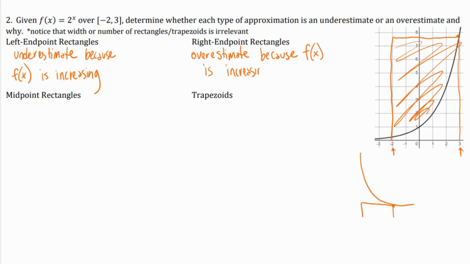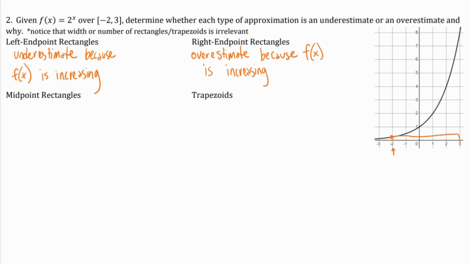Because f of x has a positive slope, a right endpoint rectangle is going to end up above it, whereas a left endpoint rectangle would end up far below it. It might be close, but in this situation it's clearly an underestimate. So just draw a quick sketch. You just need to know if your function is increasing or decreasing to tell you whether your rectangles are going to be overestimates or underestimates.